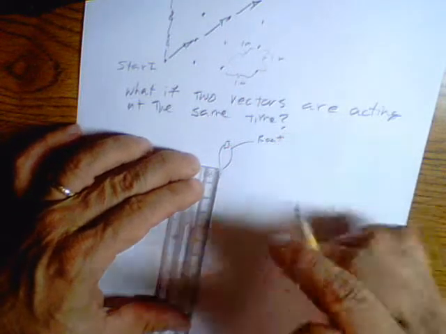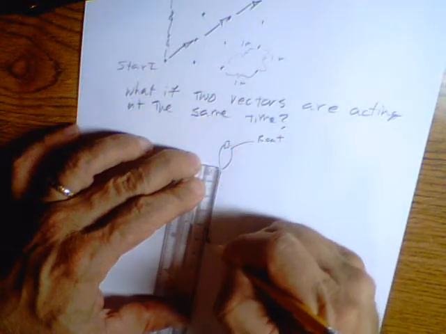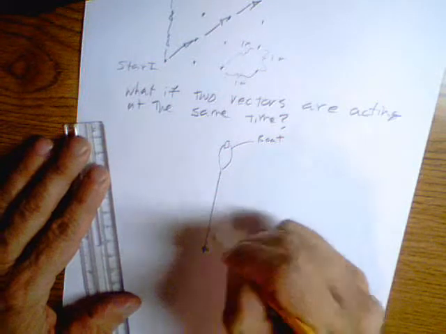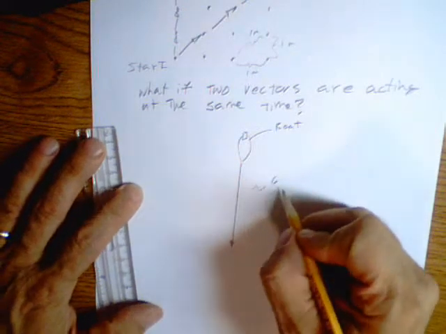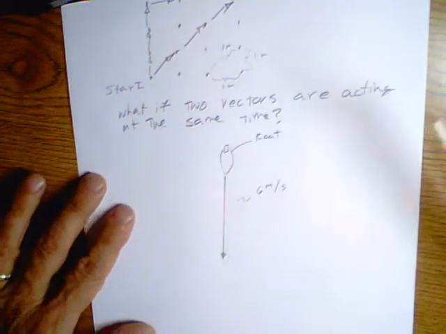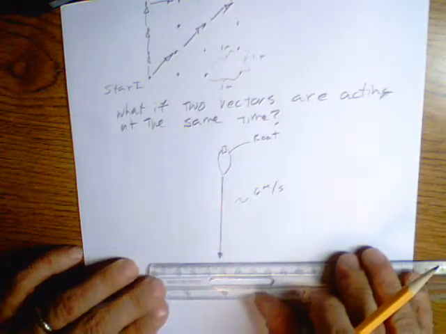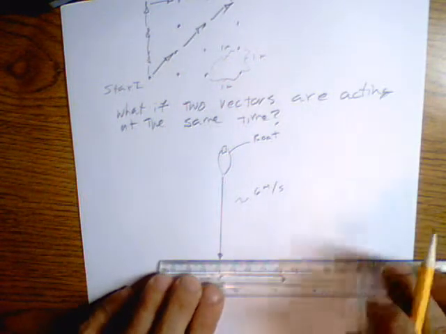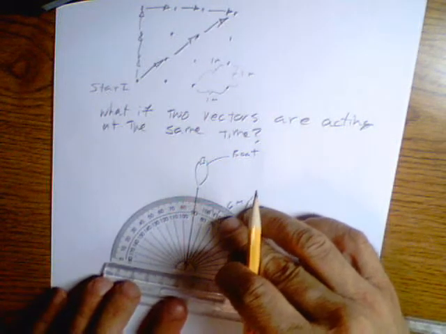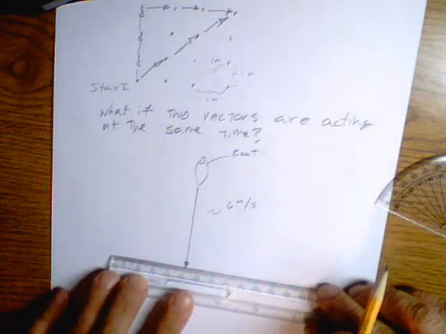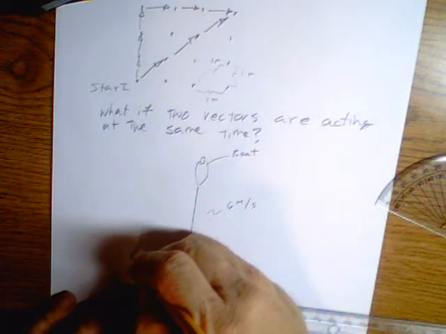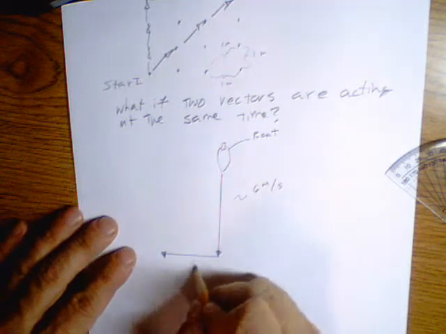Let's say that our boat is traveling with the magnitude of 6 meters per second, and it just so happens to have a bit of a cross current. The cross current is acting, we'll say, at 4 meters per second.